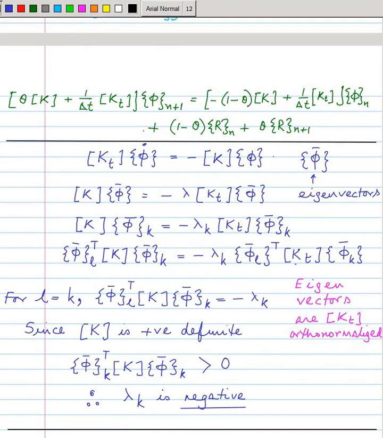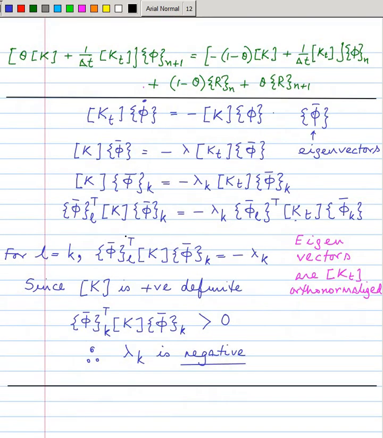So K phi bar equals minus lambda K_T phi bar, and from here we see that for L equal to k, phi L transpose K phi bar is equal to minus lambda k. And we assume that the eigenvectors are K_T orthonormalized. That means phi L transpose K_T phi k is equal to 1 for L equal to k and equal to 0 for L not equal to k.